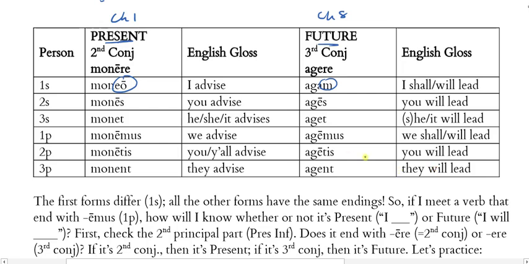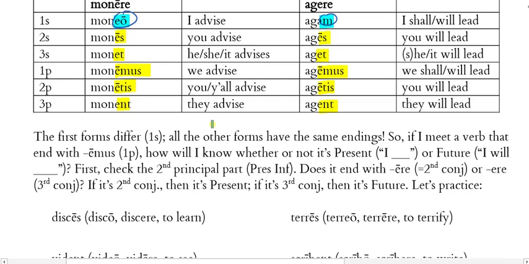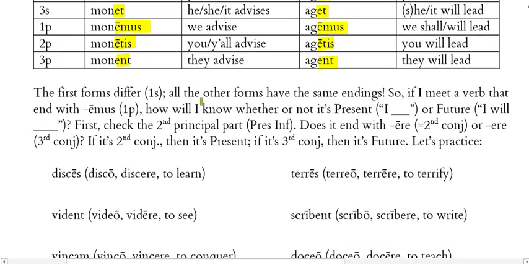Future forms on the right, present forms on the left, but the endings look identical. -es, -es. -et, -et. -emus, -emus. -etis, -etis. -ent, -ent. All right, so the only difference here is the first person singular forms. Okay, so that raises a question, doesn't it?